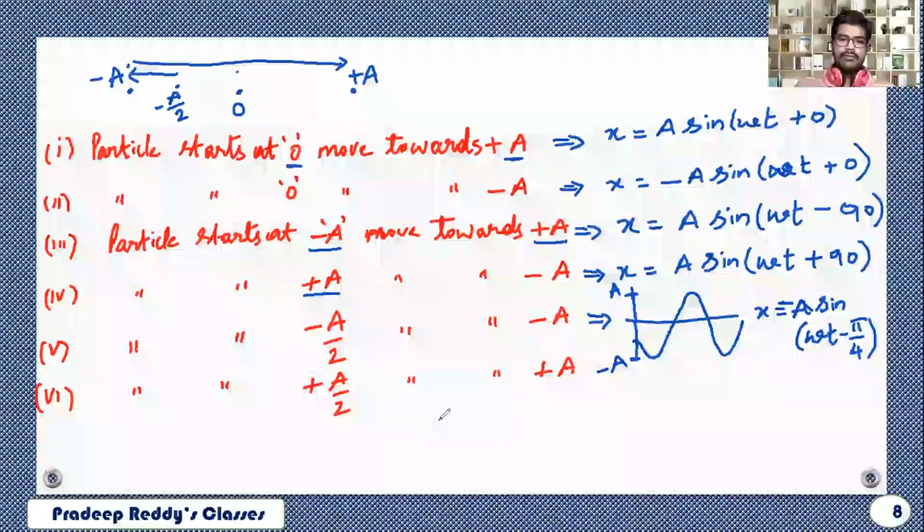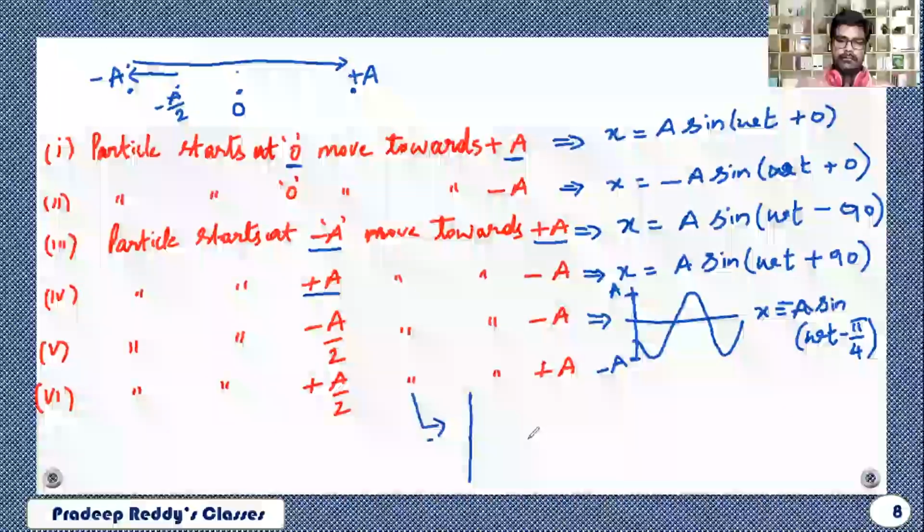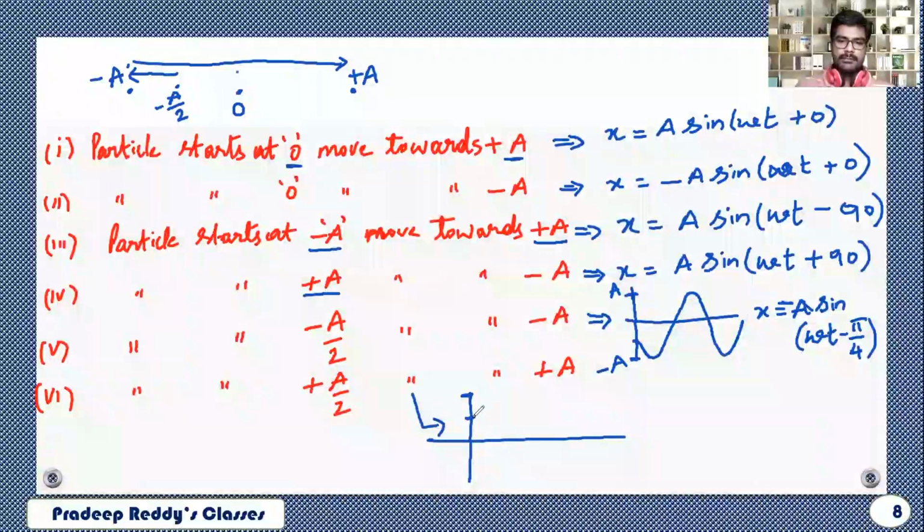Now the last, the final one, you can plot the graph like this. The particle is starting at plus A by 2 and it is going towards this plus A, and then it is returning back, and then it is going to this position. So the particle is starting at position A by 2.